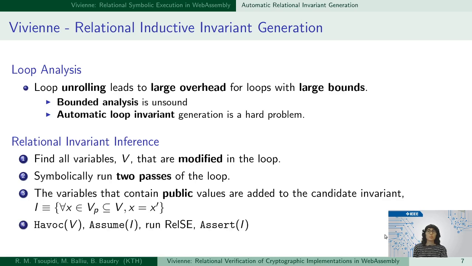And finally, we perform a standard invariant checking by first generating fresh symbolic values for all modified variables, then assume the invariant holds for the havoc variables, then run the relational symbolic execution, and finally assert that the invariants hold.